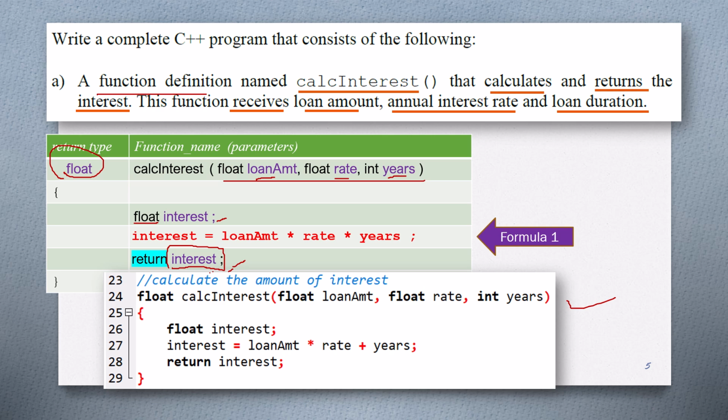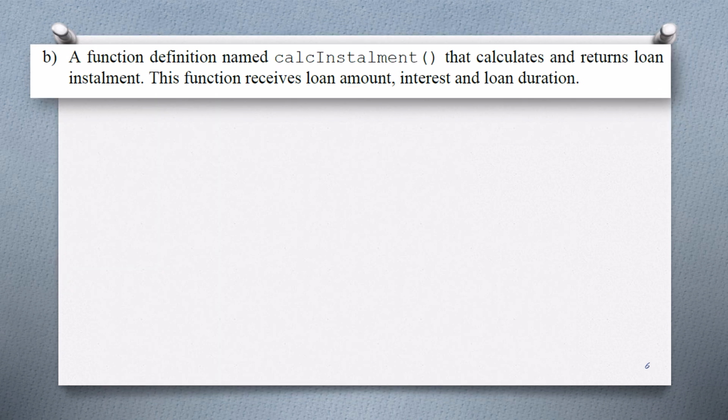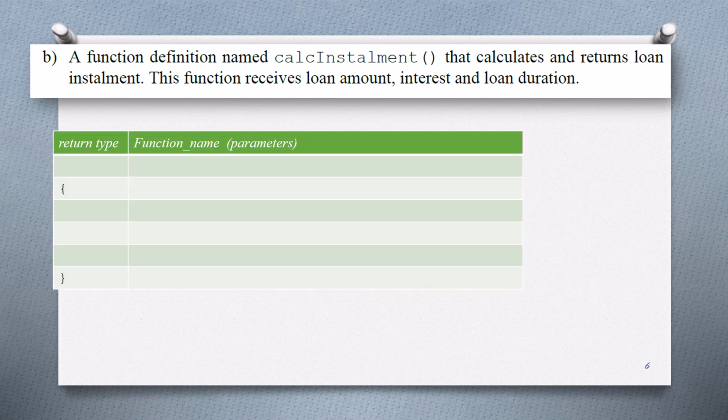Next is to provide the function definition called installment. Same thing here, you have to draft the function definition. The function name is called installment, and it receives three values: loan amount, interest and loan duration.